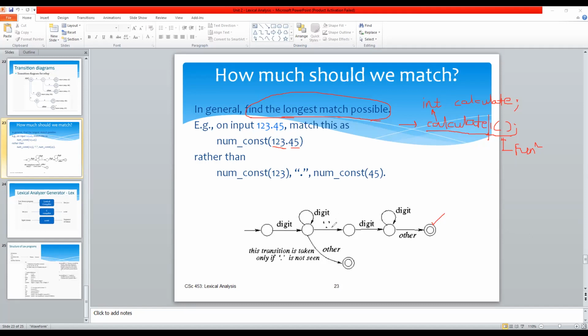So here, instead of going with only the integer part of this number, I have to concentrate on the floating part or fractional part also. And that is giving you the longest possible match. So these things you have to consider while designing the lexical analyzer generator.